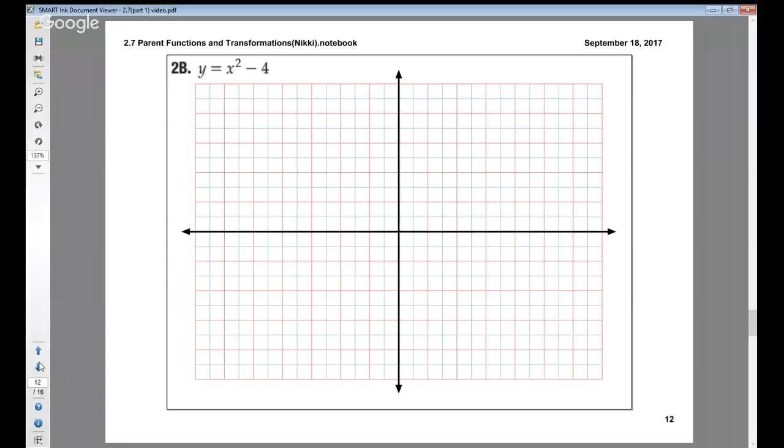So let's do the same thing with this one. We're going to identify the parent function, and then we'll graph the parent function, and then we'll graph the child function. So looking at this function, y is equal to x squared minus 4, the x squared is our cue to say, oh, the parent is the quadratic function.